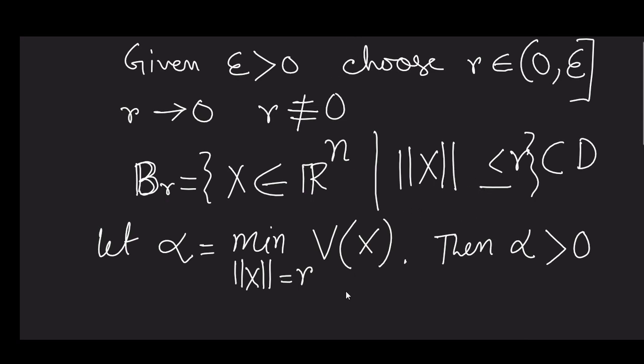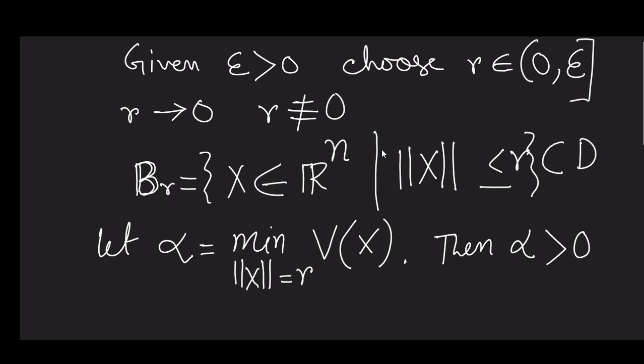See, alpha is defined as the minimum value of V(x) when you are defining it along the surface of the ball. Right, norm of x is equal to r means you are varying x on the surface of the ball.